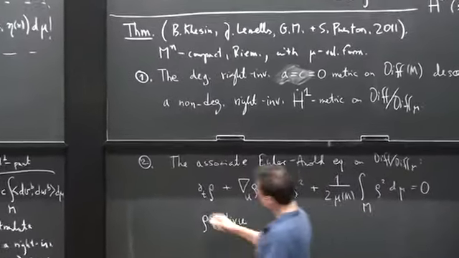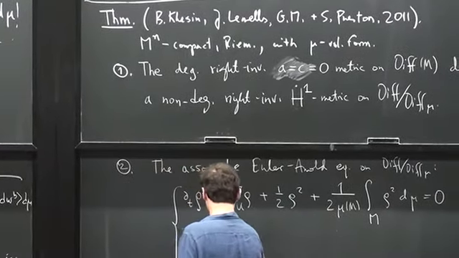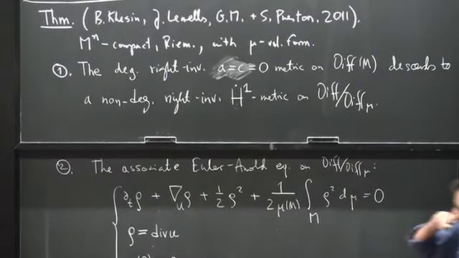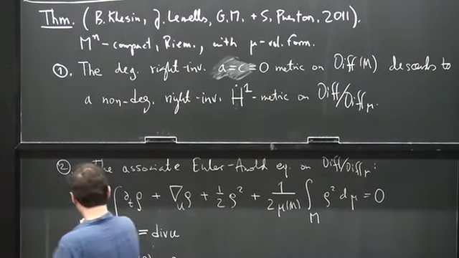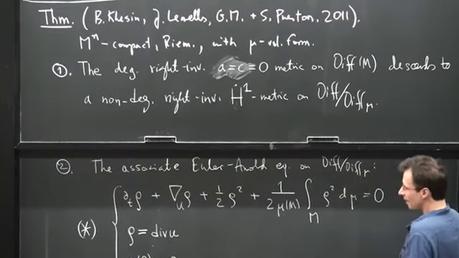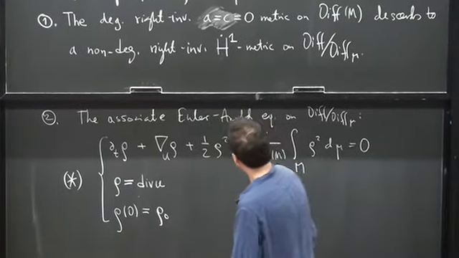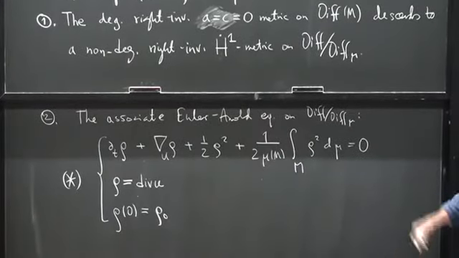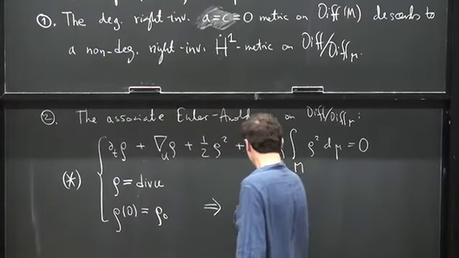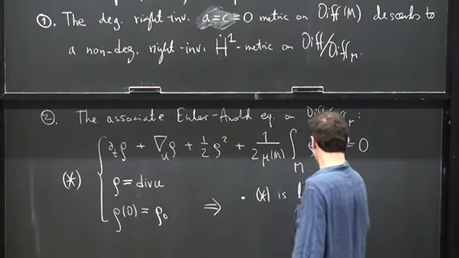Now, if we add an initial condition to this and make this into a Cauchy problem, then we get a problem which can be studied. I can look at well-posedness of this equation, global and local, and the results are the following. First of all, star is locally well-posed.